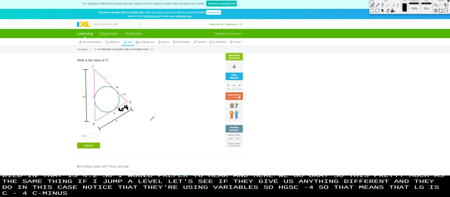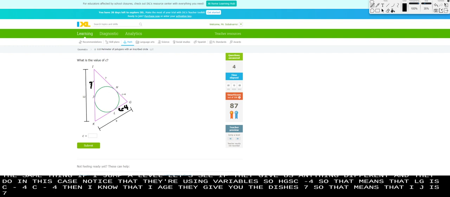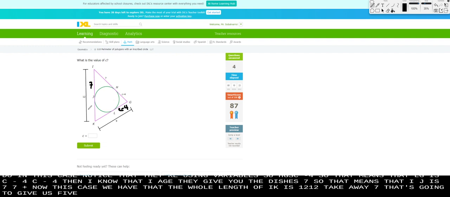Then I know that IH, they give you that this is 7, so that means that IJ is 7. Now in this case, we have that the whole length of IK is 12. 12 take away 7, that's going to give us 5. So JK is 5.